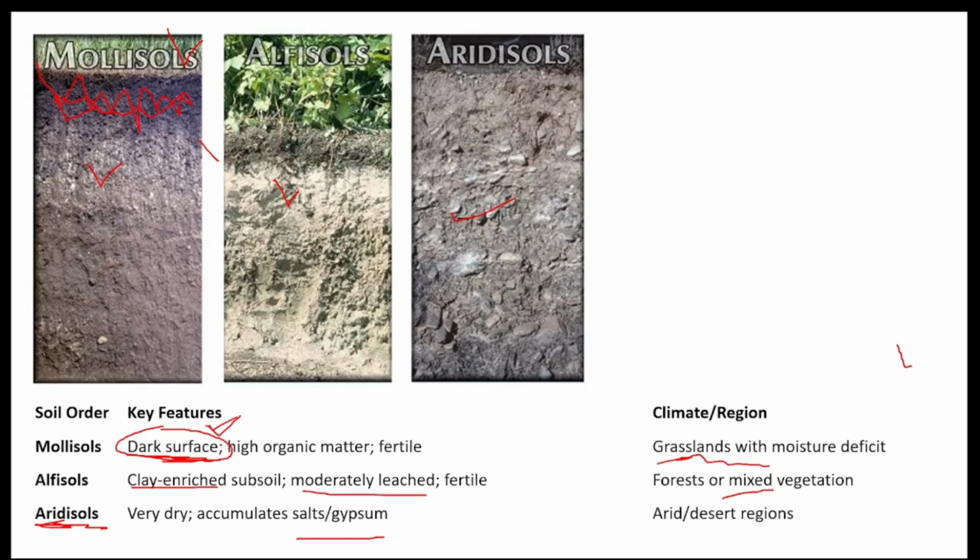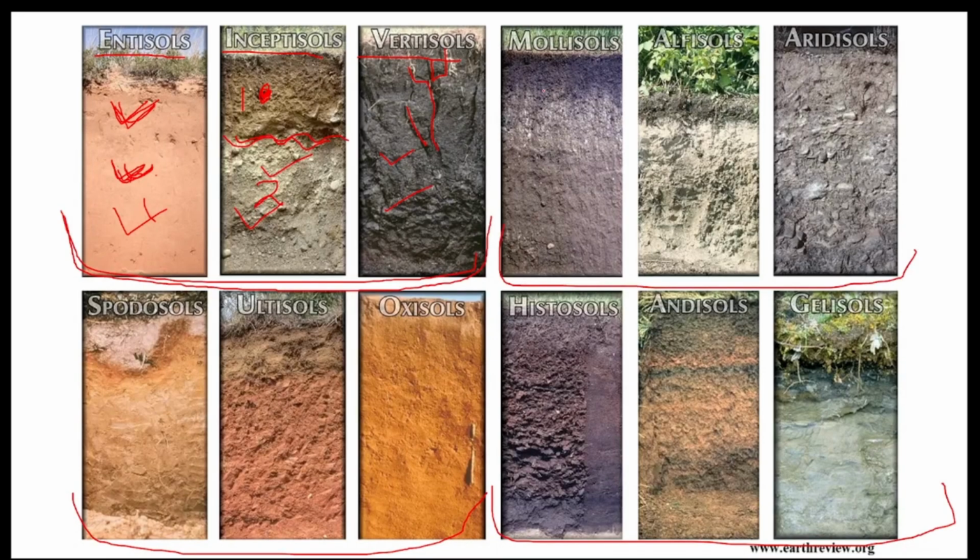That's it. Let's proceed to our next types, mollisols, alfisols, aridisols. Aridisol is the simplest one. From its name itself, it suggests that it is found in arid regions, so we do not have to bother about this. Let us see mollisols and alfisols.